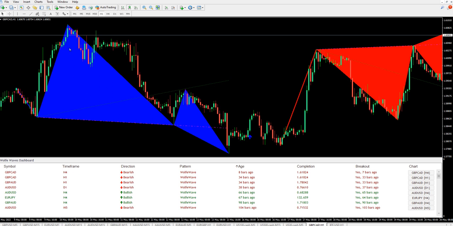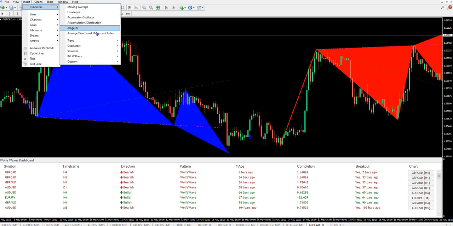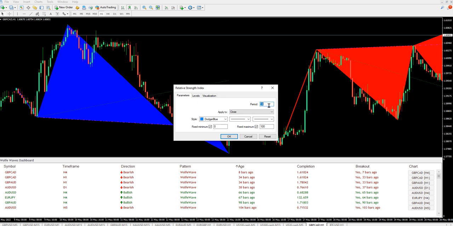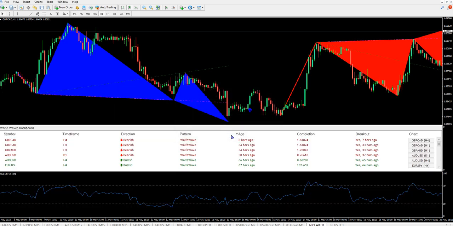But let's add a simple RSI indicator with the standard 14 period, and maybe use that for some confluence.